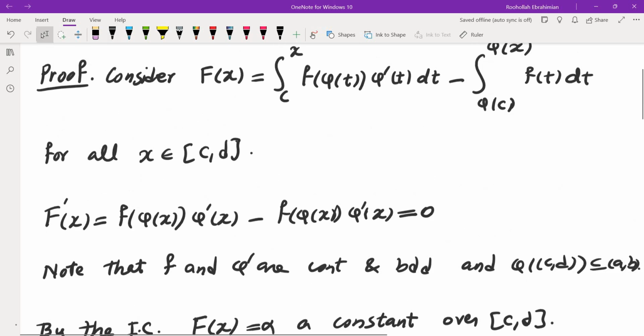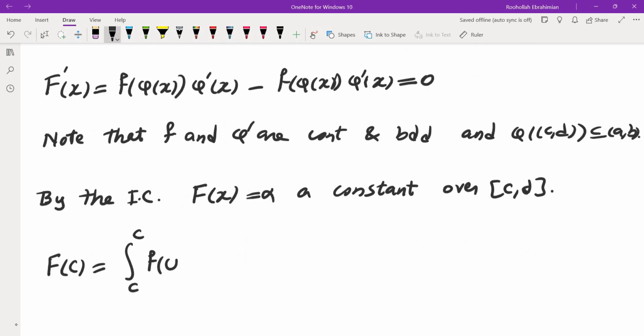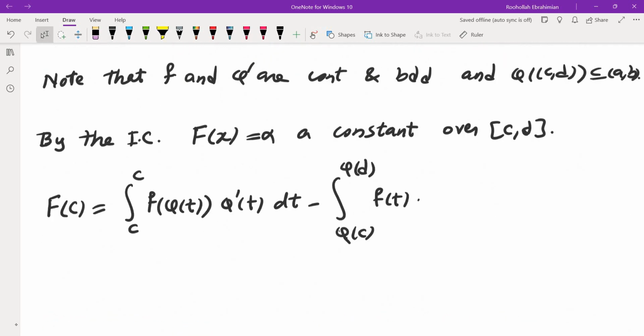Now, if you plug in c for x, if you look at F of c, we would get the integral from c to c of f of phi of t times phi prime of t dt, minus the integral from phi of c to phi of c of f of t dt. The integral from c to c is 0, and the integral from phi of c to phi of c is also 0, so the whole thing becomes 0.